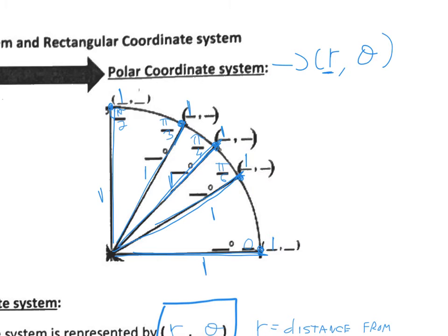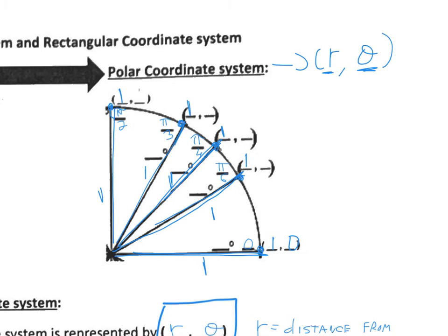And then theta, well, that's just the angle. So when I got the coordinates for the unit circle for the rectangular coordinate system, I got x and y. Now here, I just put the angle 0.